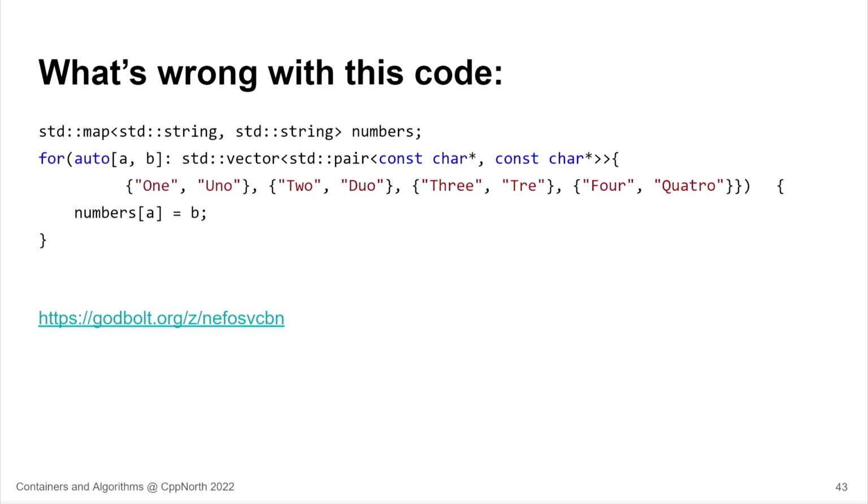And then we call numbers, which is an unordered map or map here, and we just want to insert a new value into the map. So what can we do better? The code works. You actually populate the map with 1 pointing to uno, 2 pointing to duo, etc. The problem is that when you call square brackets, it means insert or override.